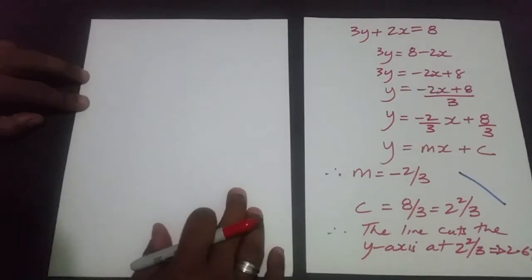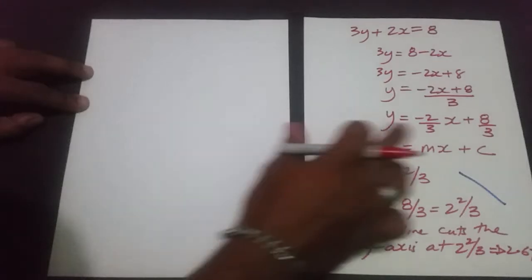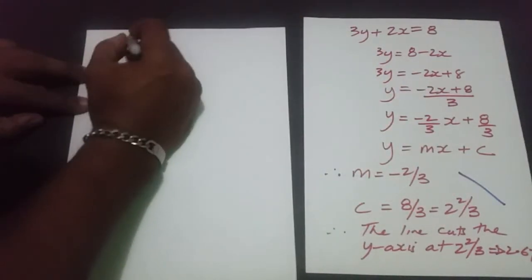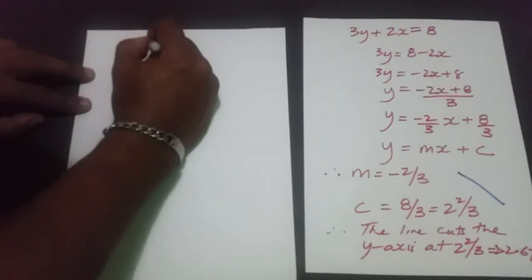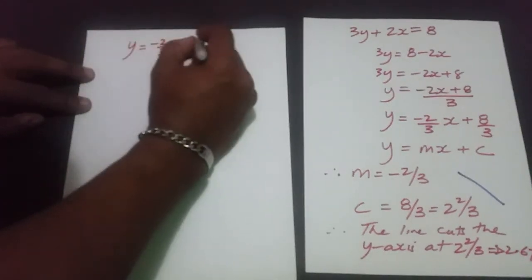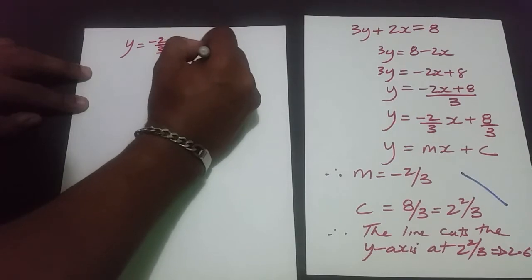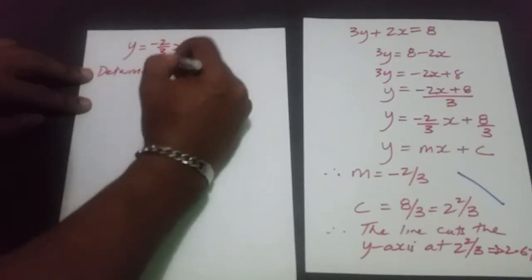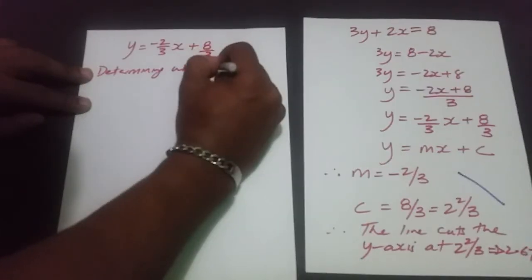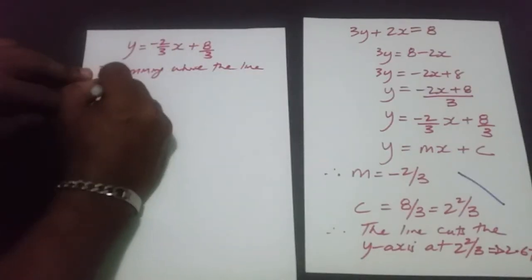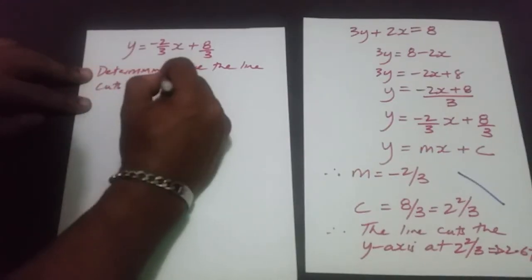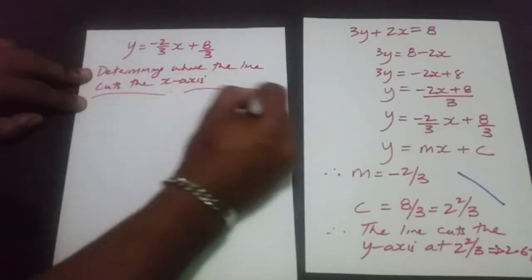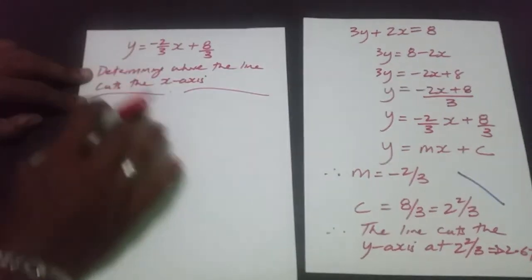So going back to this equation, you could have actually used that one as well, but it's fine. So going back to y equals minus 2 over 3x plus 8 over 3, determining where the line cuts the x-axis, okay? And remember, when the line cuts the x-axis, the value of y is 0.